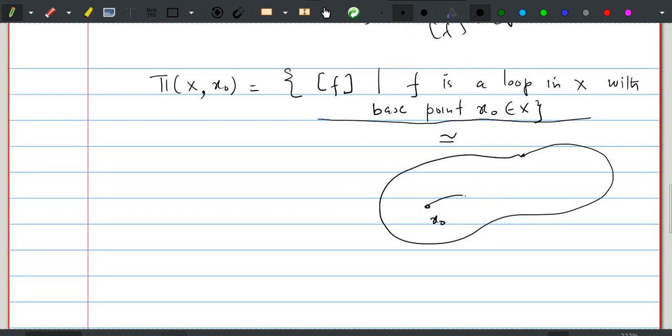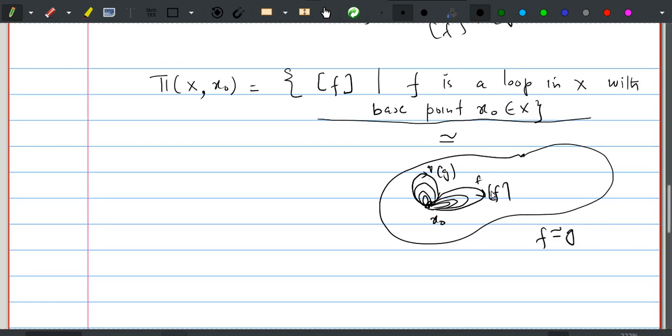Now suppose we have these loops. So this is the class of F. Now let us take another class here, this is the class G. Since F and G are homotopic, F is homotopic to G. This means these two classes are equal. So this is only one element here, because these loops are homotopic to each other.